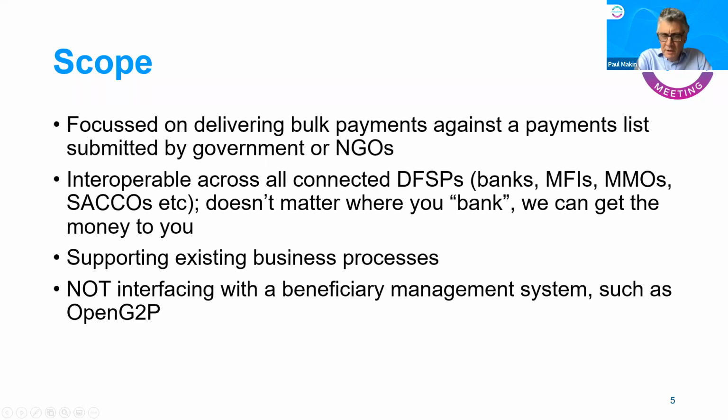We can't ask these various agencies that are connected into this service to adapt their business processes to what we want, to the way that we think this should work. So whereas we might, for example, like to deliver the money directly to a mobile wallet for somebody, in many cases there are local agencies who want to control that, control the disbursement in the last mile. So we have to be able to support that.